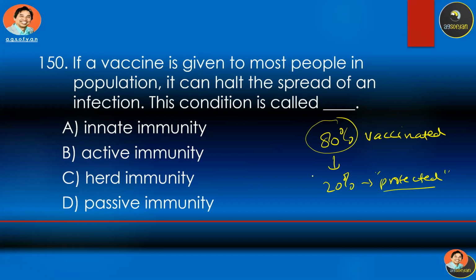So the 20% will also be protected by this 80% of people. This condition is called herd immunity, the immunity that is given by the majority of people that have vaccination.